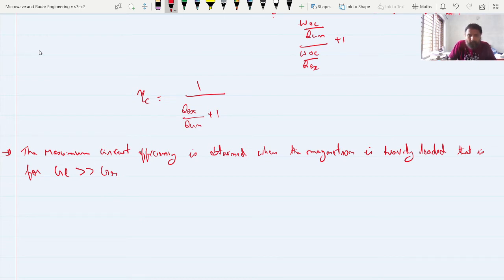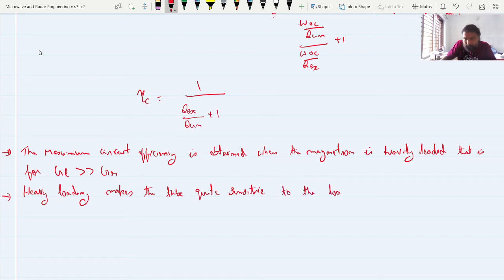So this heavy loading makes the tube quite sensitive to the load, which is an undesirable condition.